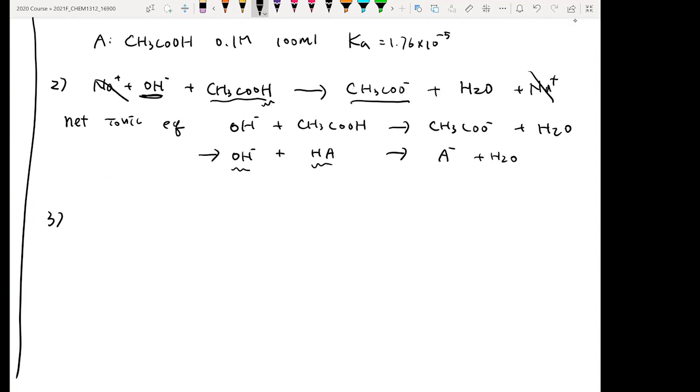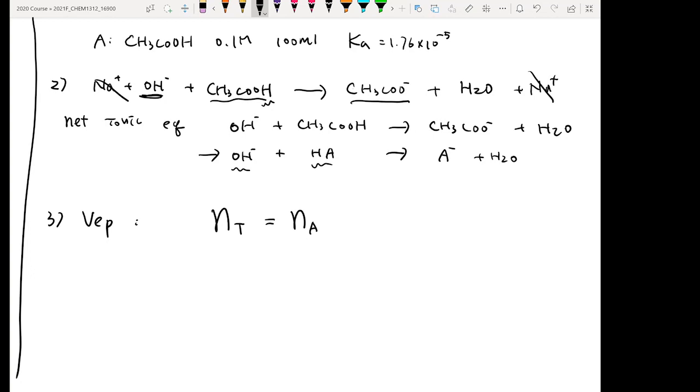Step number three is you want to calculate your VEP, the equivalence point of this titration. The concept you are going to use is that the number of moles of your titrant equals the number of moles of your analyte.